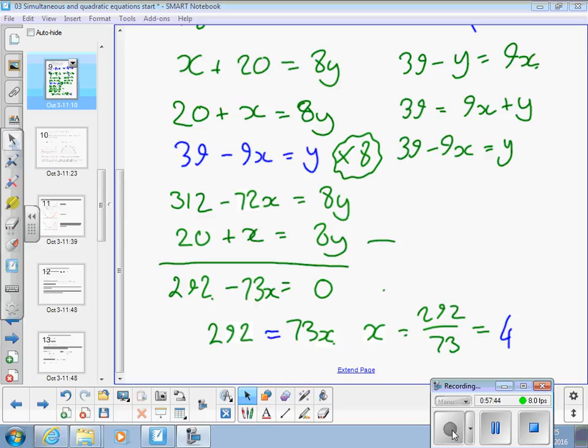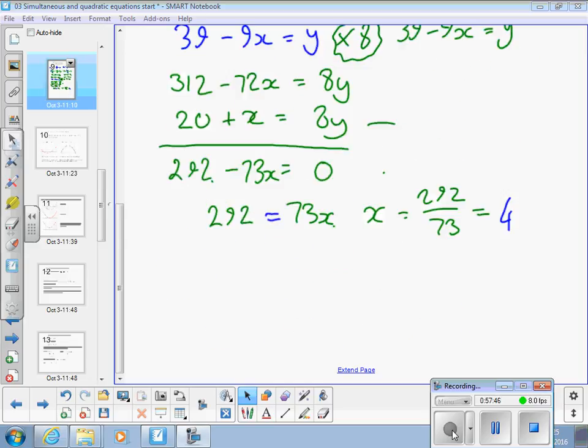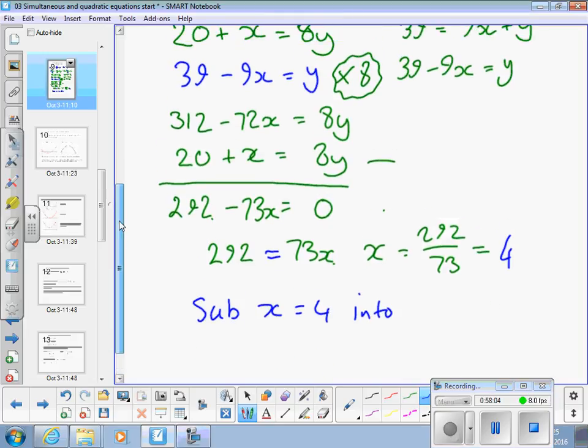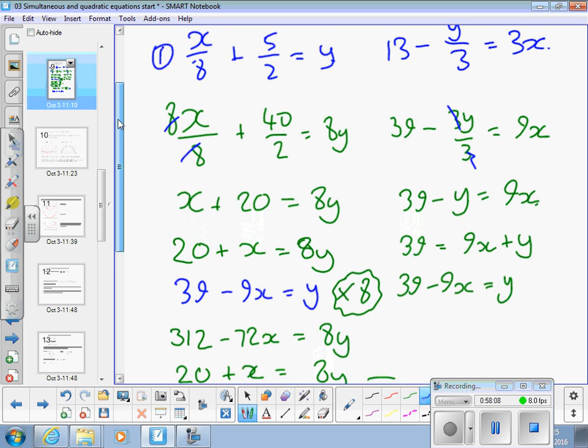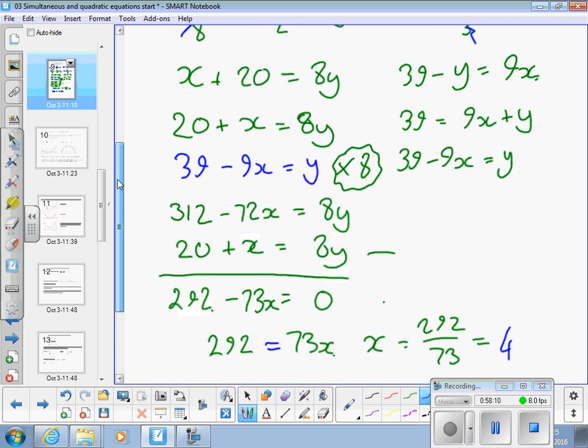Okay? We then substitute into probably one of the ones with the fraction removed, which should be, let's go for x plus 20 equals 8y.